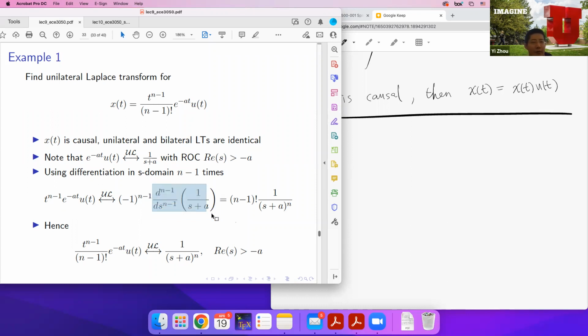And such a differentiation will give us this factor, because you are taking the derivative n minus 1 times. So each time you will have a factor coming out. So putting them together, in the end, we will have this overall factor.